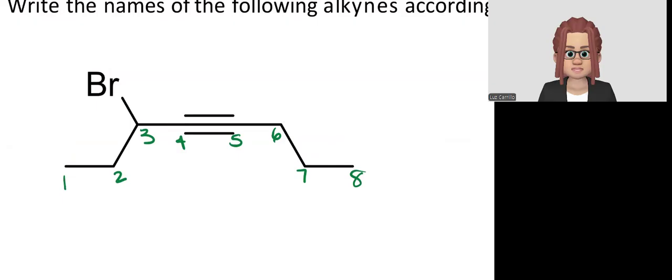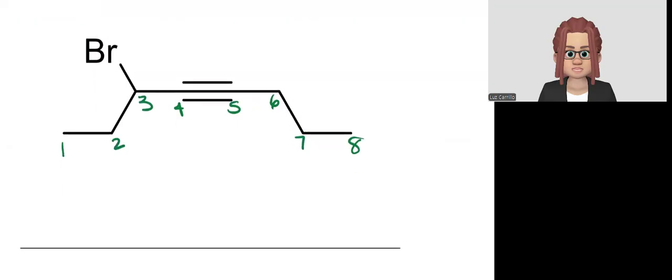Taking that into consideration, the name of this molecule is going to be 4-octyne for my parent chain, and then 3-bromo. So the name of this molecule is 3-bromo-4-octyne. Make sure that you practice, because all of these concepts take lots of practice.